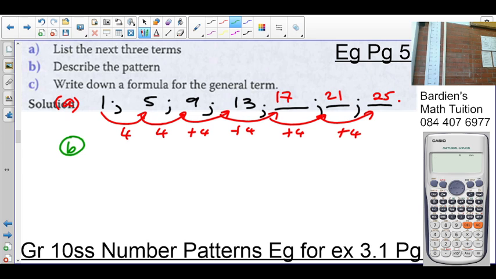Okay. So, see what the textbook says. The textbook says, it's just different ways to express it, okay? Each term is 4 more than the previous term.